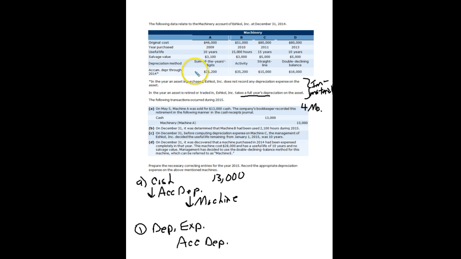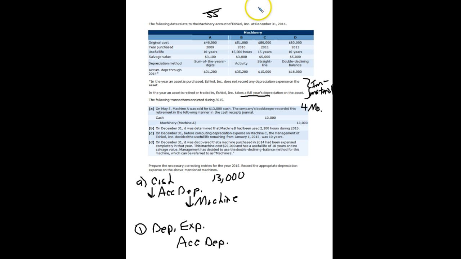So we have to figure out, let's see, it's sum of the year's digits, 10-year life, so that's going to be easy. We're going to know then the denominator is going to be 55. We just saw that in exercise 14. For a 10-year life, n times n plus 1 divided by 2 will be 55.